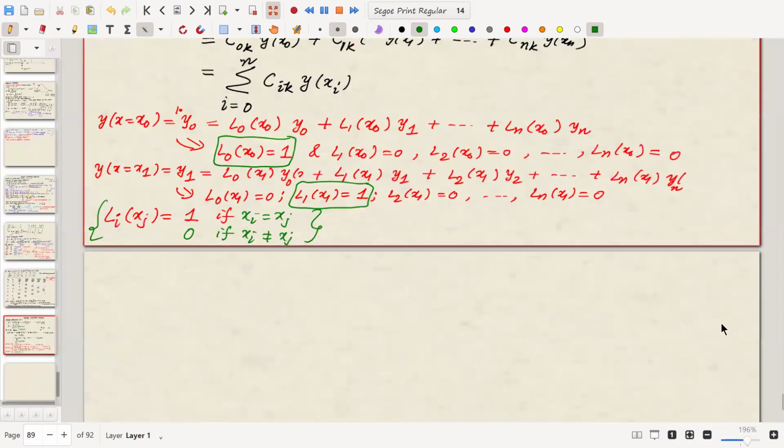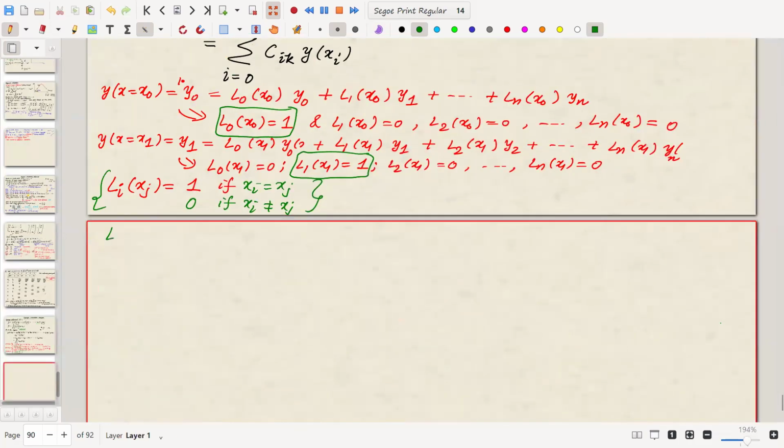Now you have this formula that Li of x is a polynomial, fine, but we have some more information. We have the information that Li of xj is equal to 1 if, sorry, not xi equals xj, my bad, if i equals j.